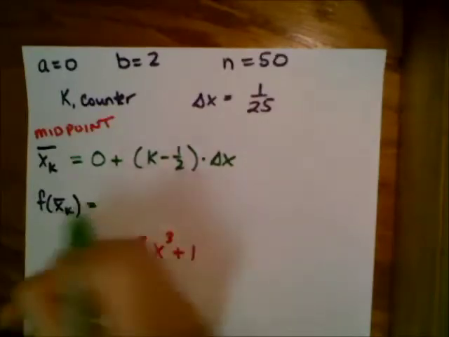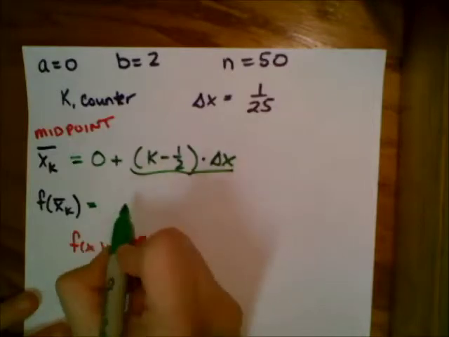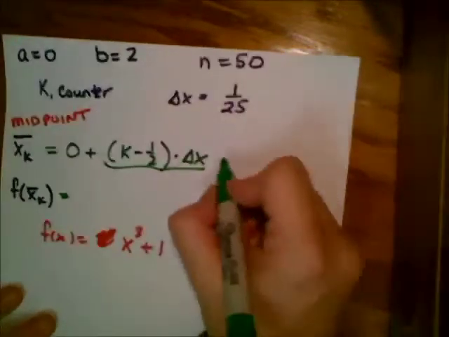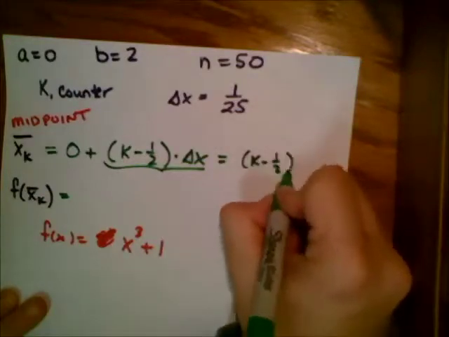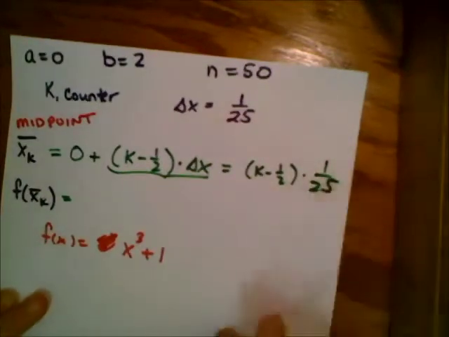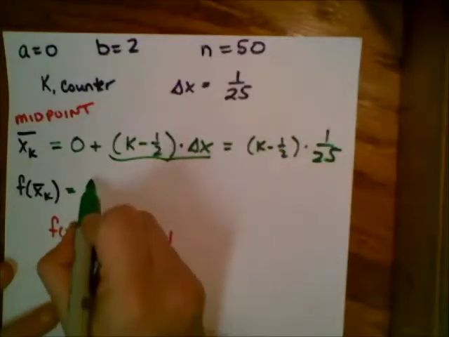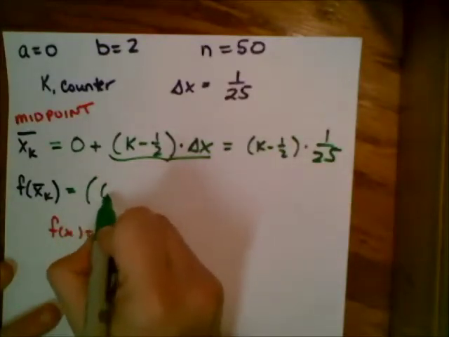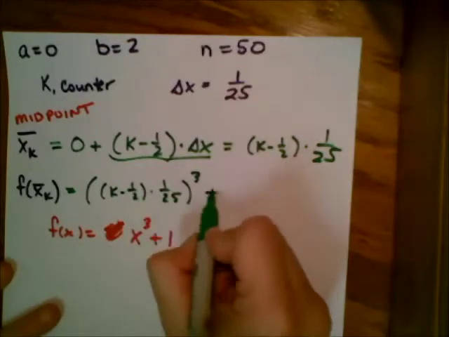Okay, when we apply f, we're going to take our input, 0 doesn't matter. Let's rewrite that: 0 plus k minus 1/2 times 1/25. And now we take that input and we will cube that and add 1.